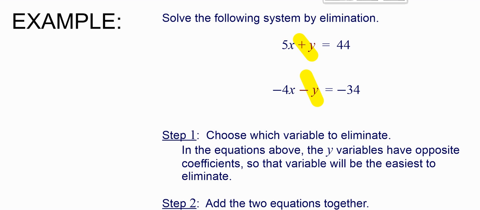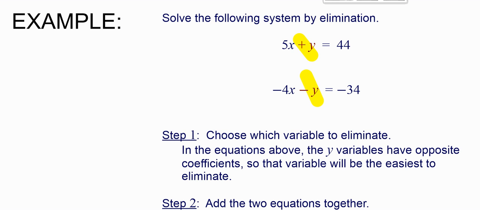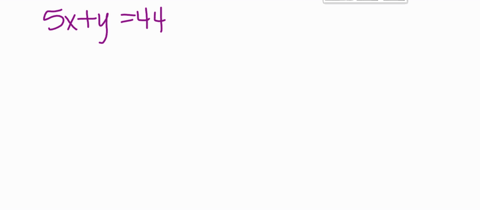So here we go. It's 5x plus y equals 44. And the other equation is -4x minus y equals -34.